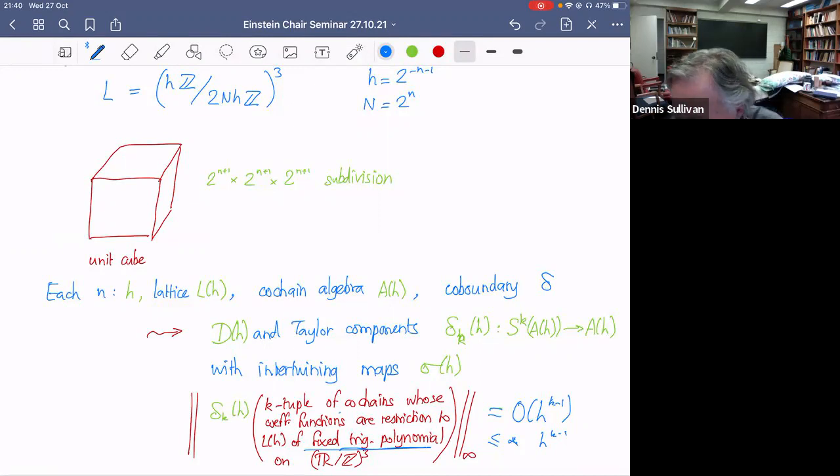PDEs are often considered to be models of physical processes, and then you could ask different questions. You could try to use this to study the theory of the PDE, but you could also use it to try to study observables of the physical process that are somehow adapted to the algebra that is evolving here.